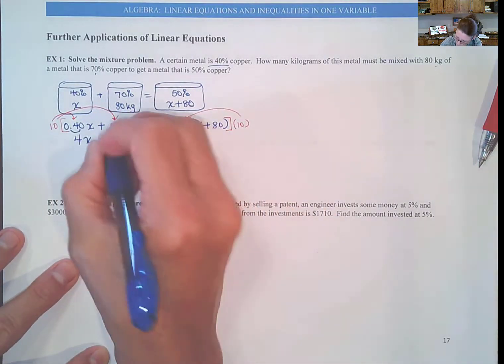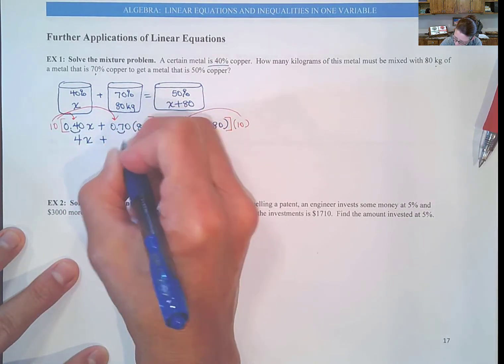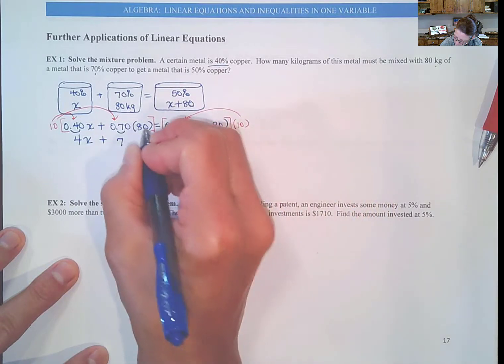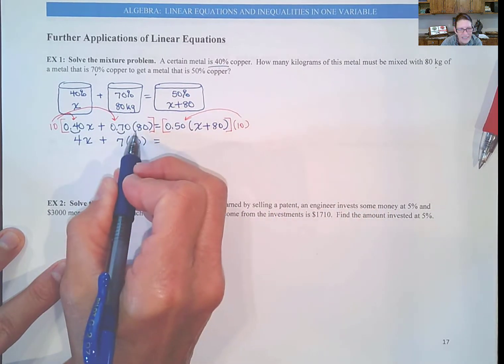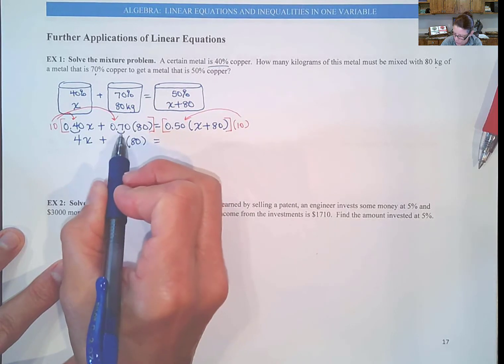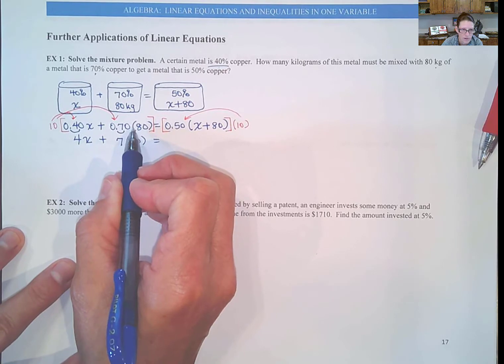That's 4 times X. 10 times 0.7, moving that decimal point one place, is 7. Take that product times 80. Don't mistakenly apply the distributive property there. There's no plus symbol in here. We're multiplying three things. We can do that in any order that we want to.